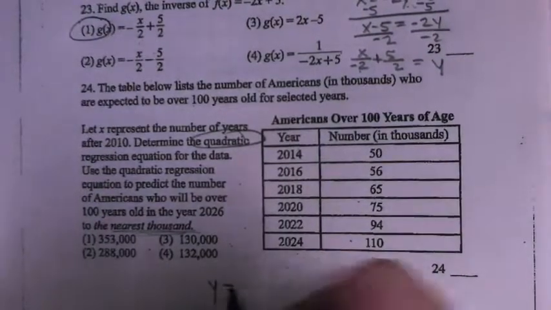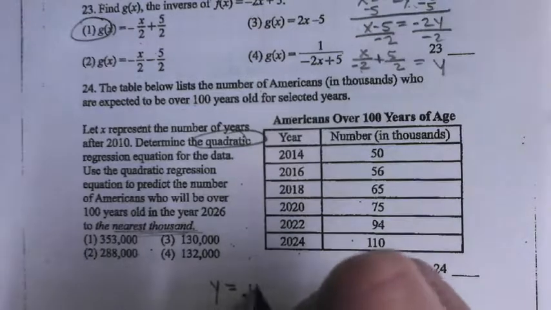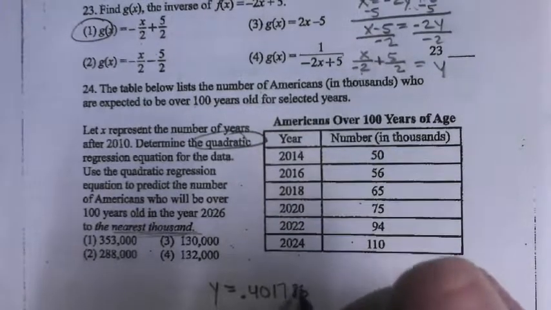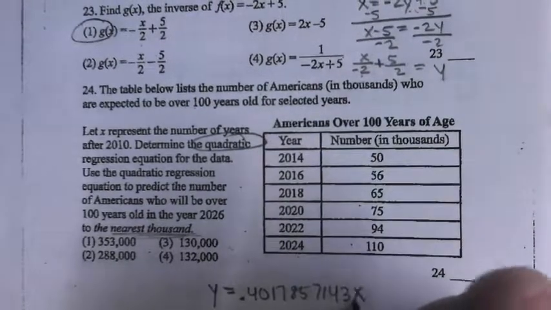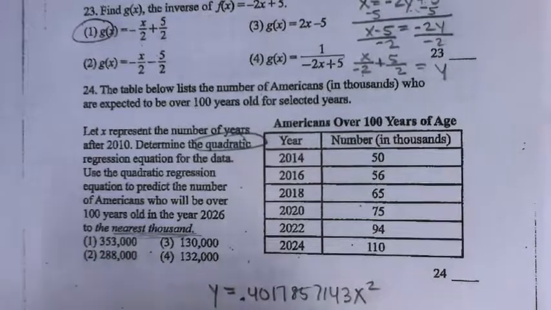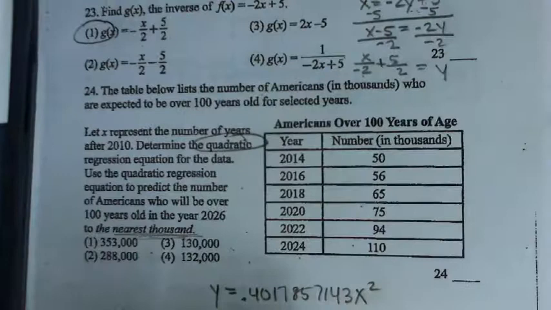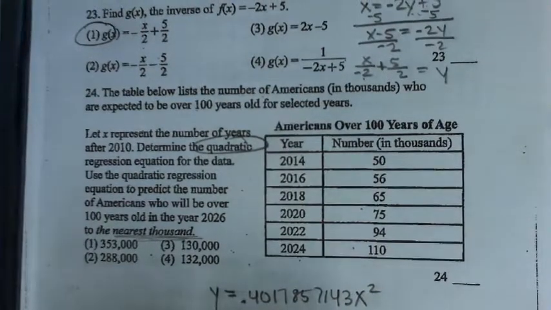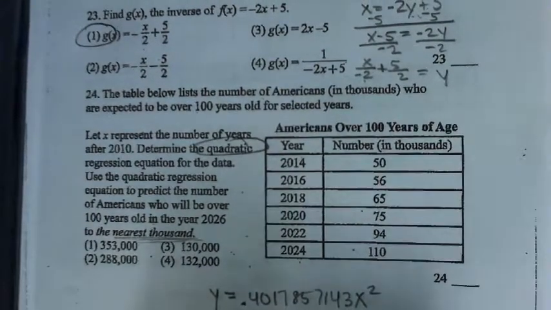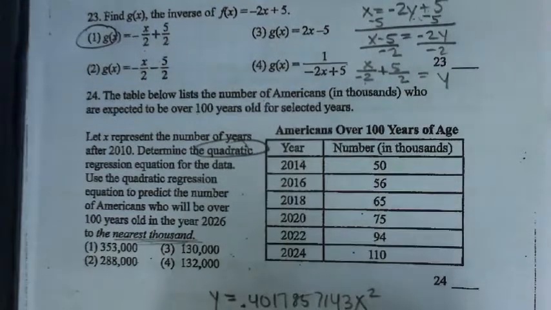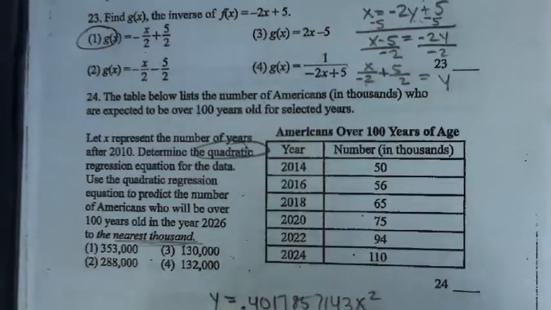Okay? So as much as you can, A is 0.401785714 x squared, plus my B is actually a minus 1.175x, plus my C is a 48.34285714.